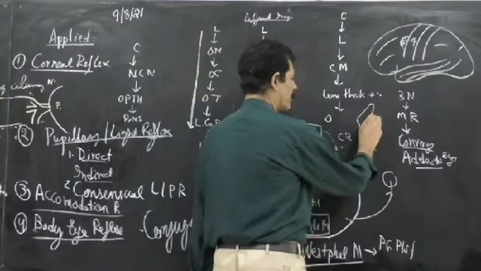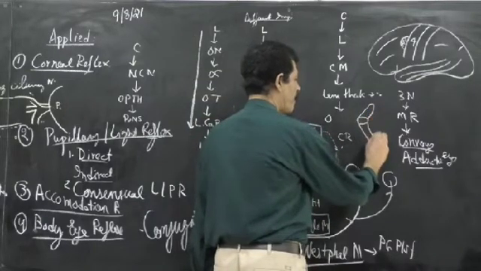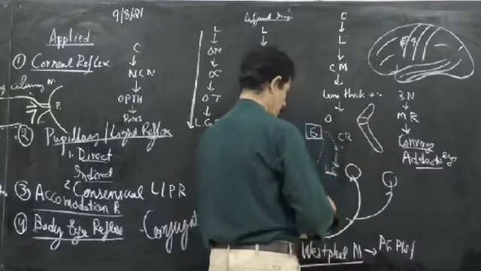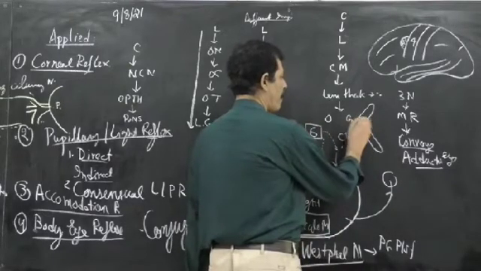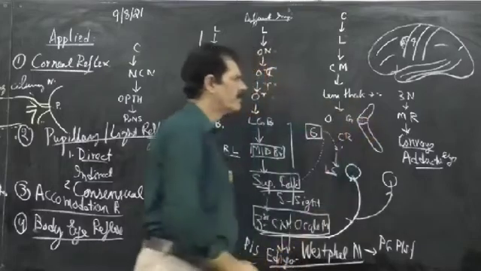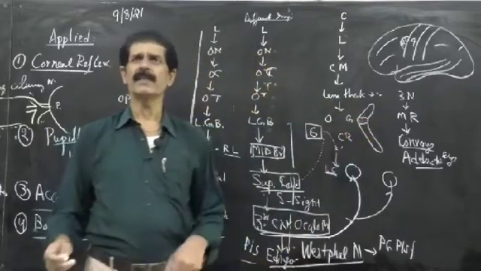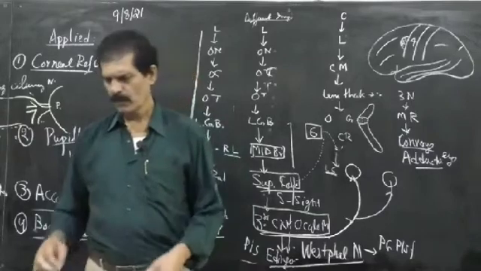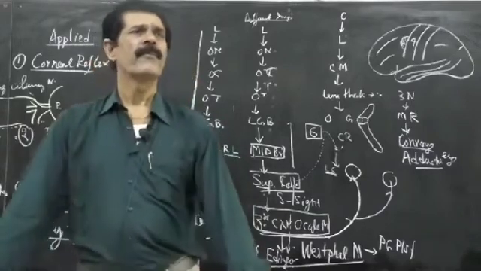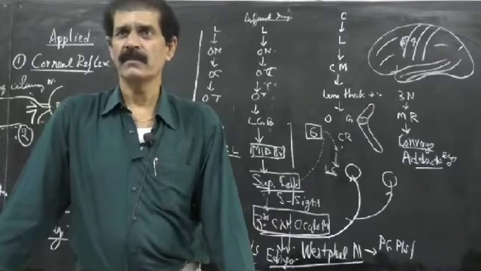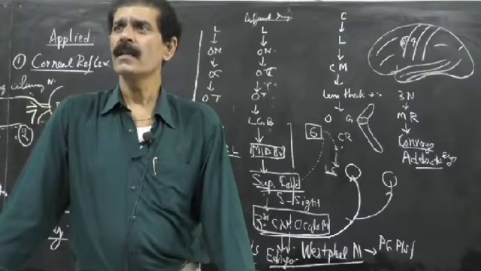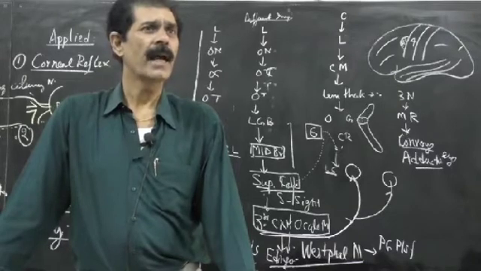Three parts: anterior limb, genu, and posterior limb. Which type of fibers are present in the genu? What does the genu contain? Which type of fibers? It is the frontopontine and corticonuclear fibers for only head and neck.